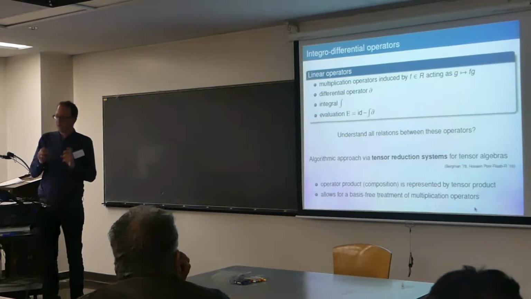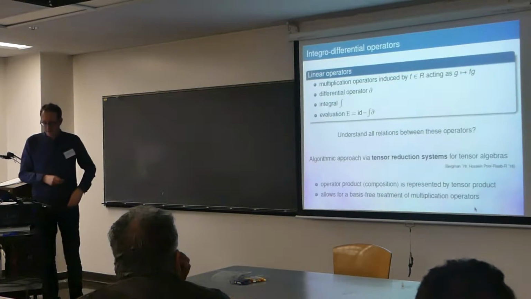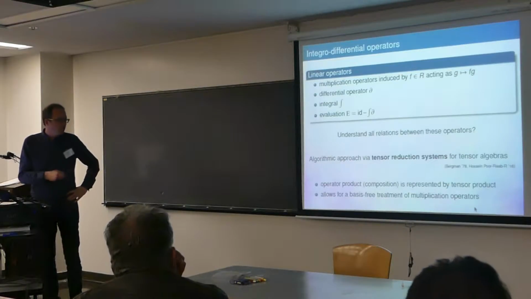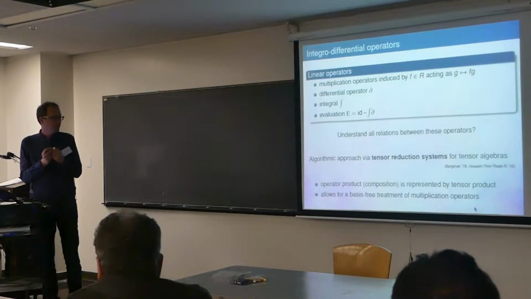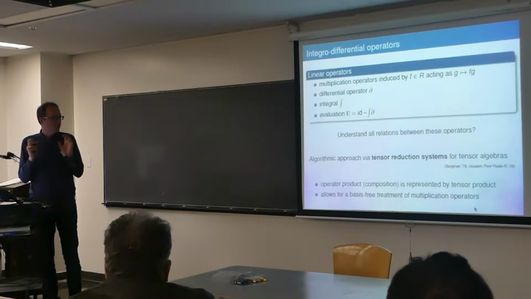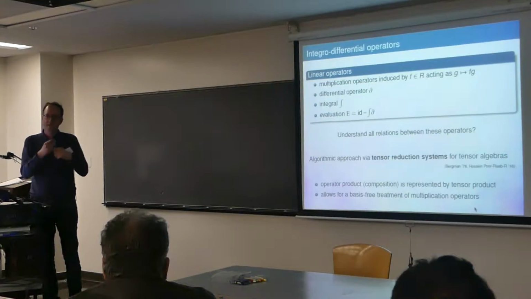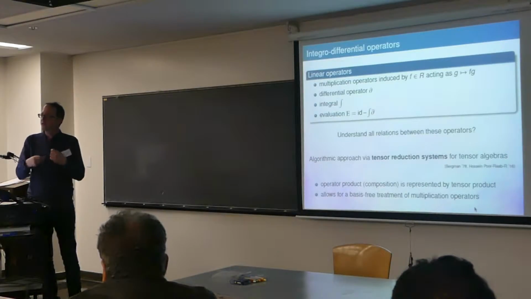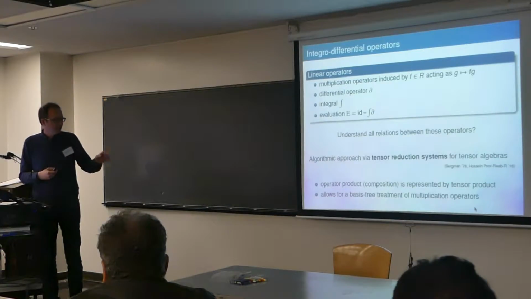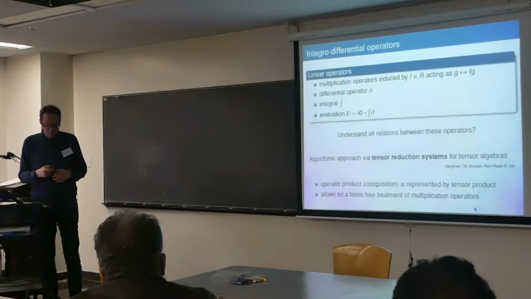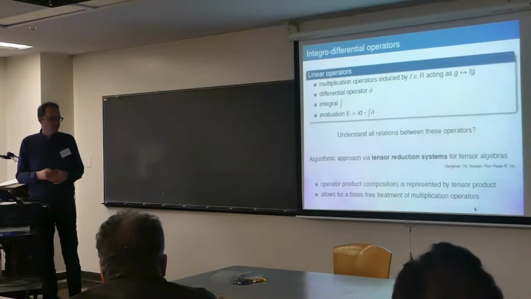Then you can also do rewriting and normal forms also on tensor algebras. And what you have to keep in mind is, in this approach, the operator product, the composition, is represented by the tensor product. And this is how we formulate and treat the different relations between the operators. And the nice thing is that with this, we don't need to choose a basis for our differential algebra.